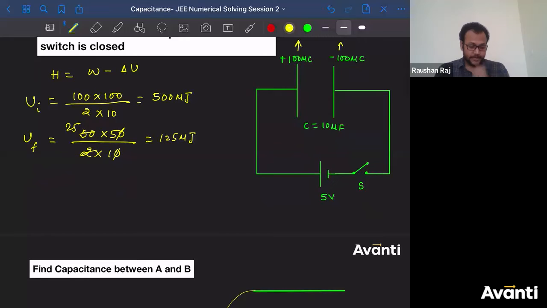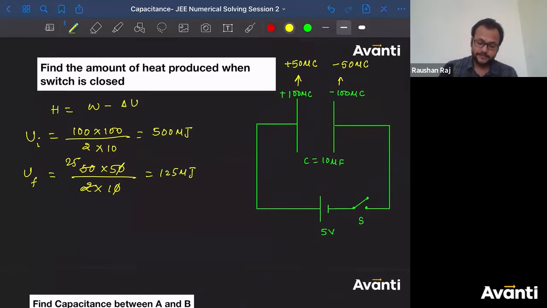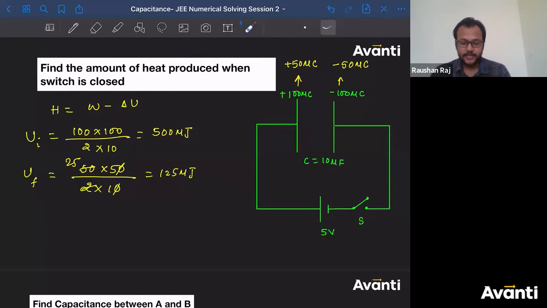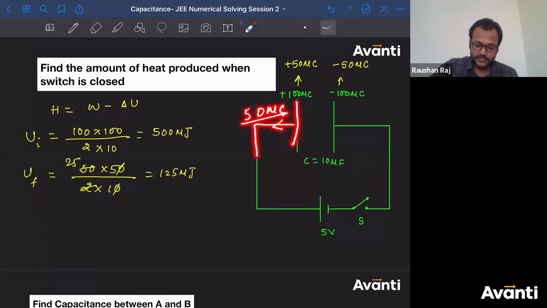बहुत बढ़िया. Now tell me what will be the work done by the battery? So let us find out what is the charge that will flow across the battery. How will I get that? Now, can I say initially if this was having 100 microcoulomb charge and now it is having 50 microcoulomb charge, that means from this plate, 50 microcoulomb charge must have flown across this battery, right? मतलब क्या हुआ?